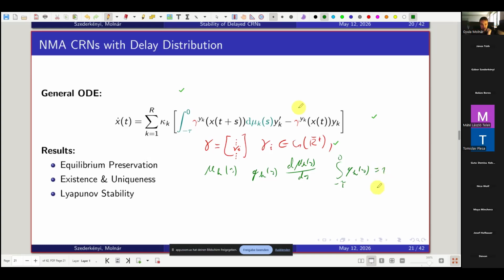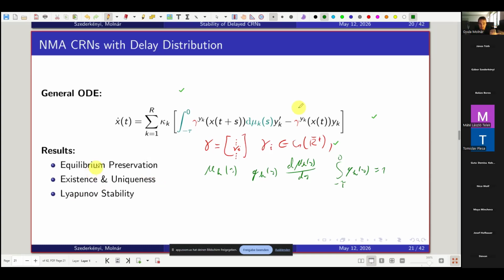Our three main results were equilibrium preservation, showing that the set of equilibria for this class of systems does not change with the introduction of the distributed time delay; the existence and uniqueness of equilibria in each stoichiometric compatibility class; and finally showing Lyapunov stability.